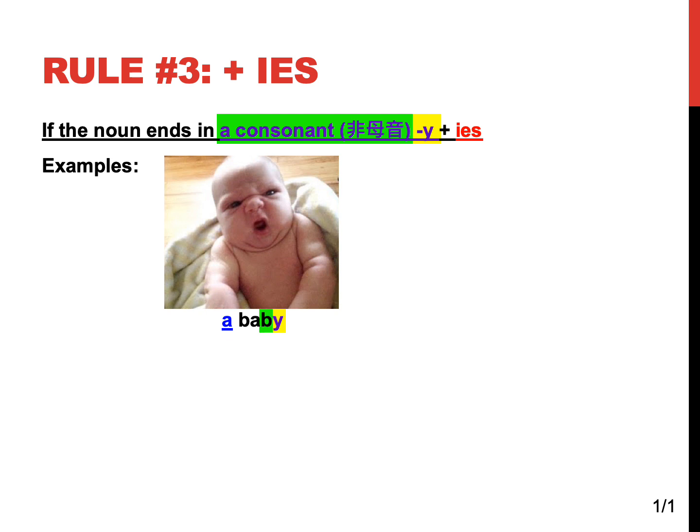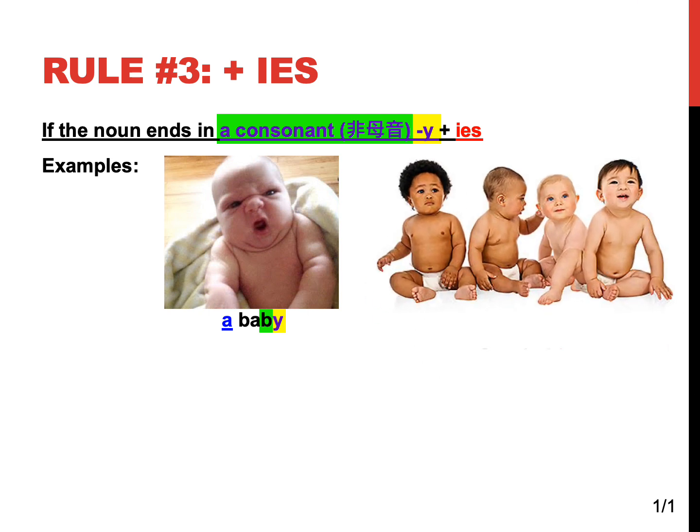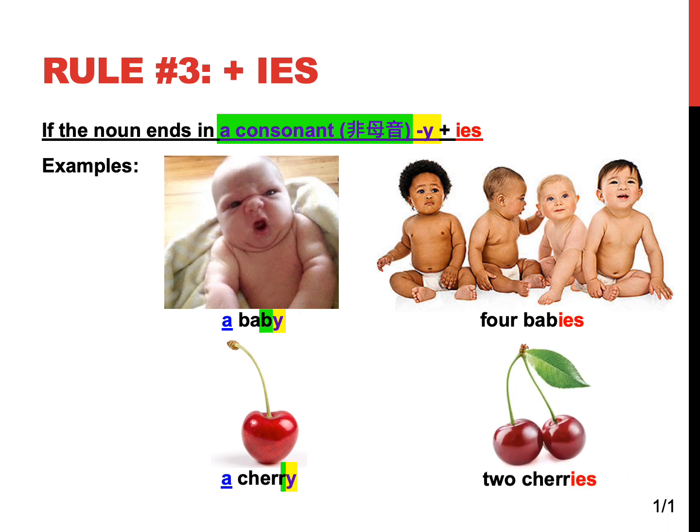So before the Y you see a B. It's not A-E-I-O-U. So you take away the Y and change it into IES. 4 babies. A cherry. 2 cherries. Simply take away the Y and put IES.